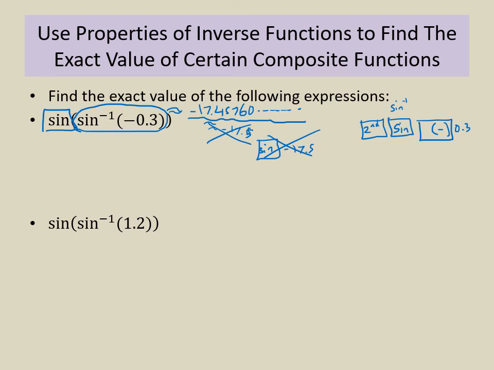So the best way to do this is through the button that says answer, or ANS, and that's the button that is right above the negative sign. It says ANS, and that uses the whole previous answer.